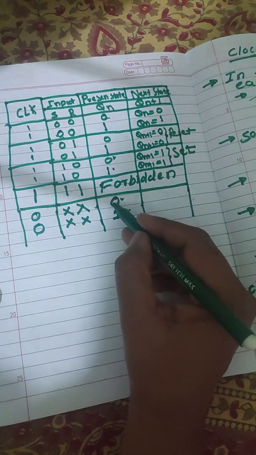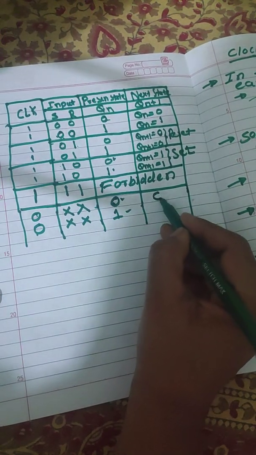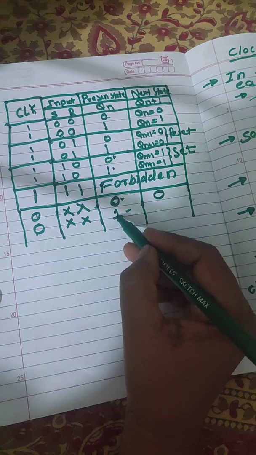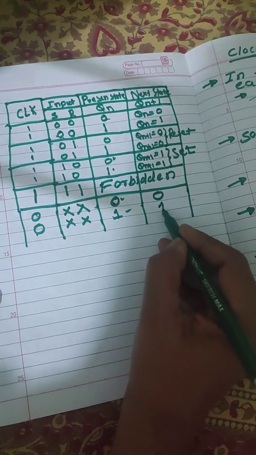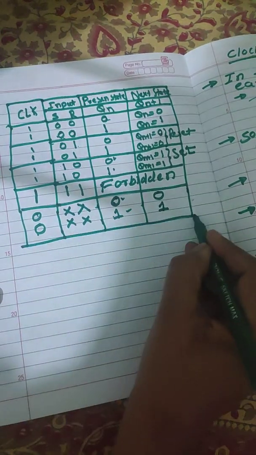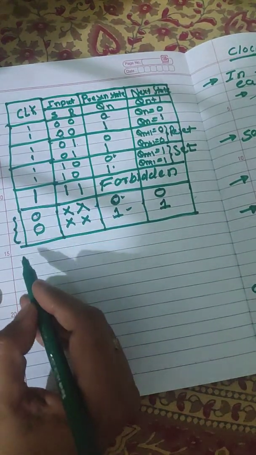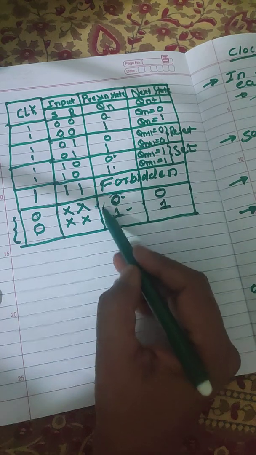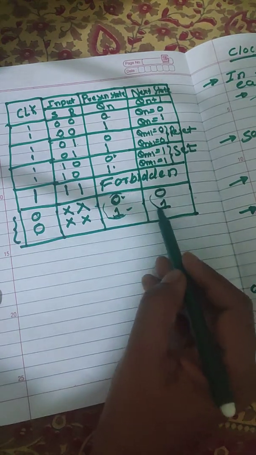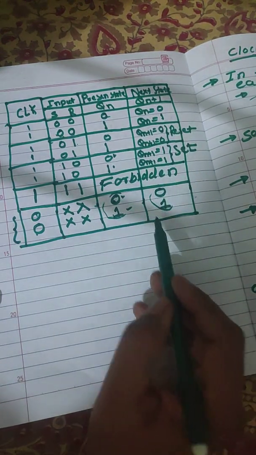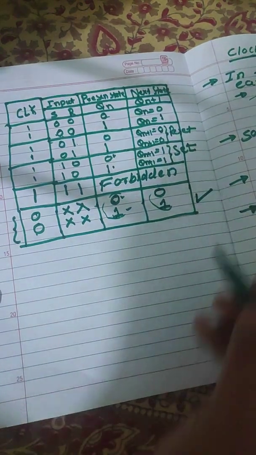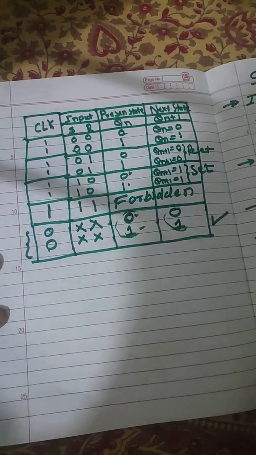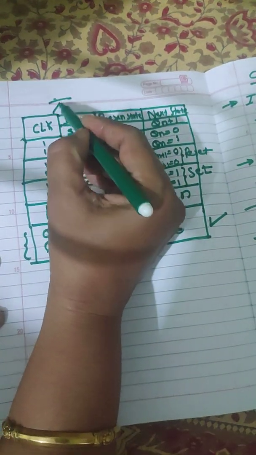If Qn is 0, Qn plus 1 will also be 0, meaning the previous state continues, with no change in the output. If the clock is not applied, the next state will be the same as the previous state. So this is the truth table of our clocked flip-flop.